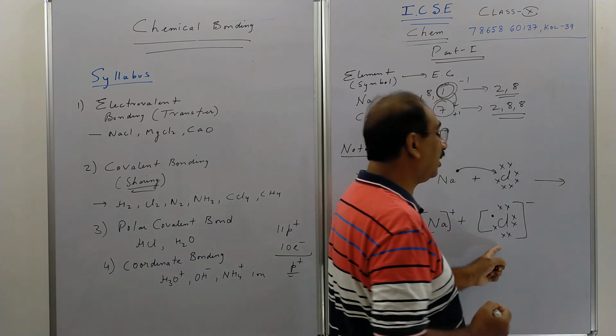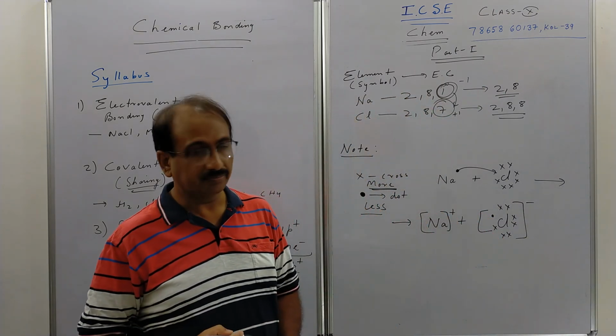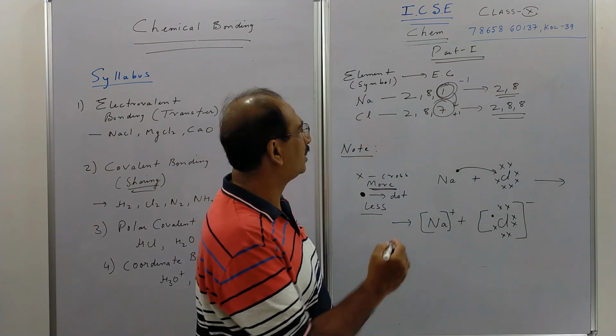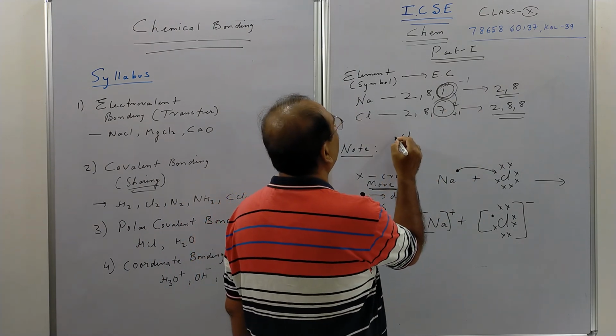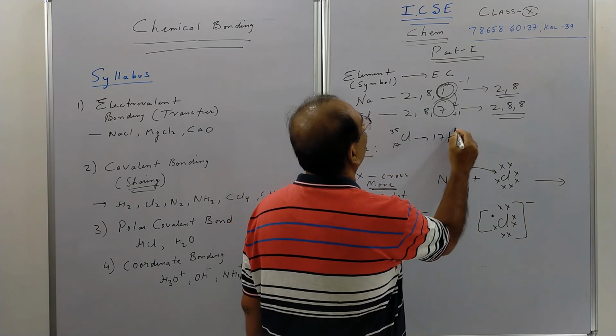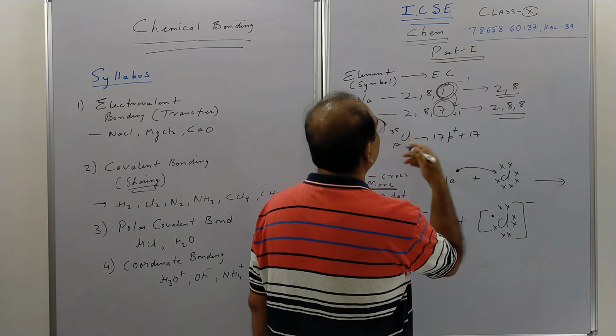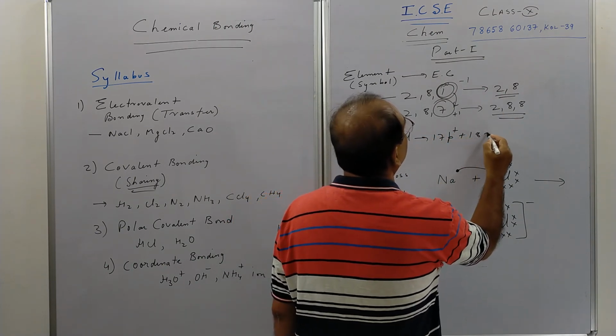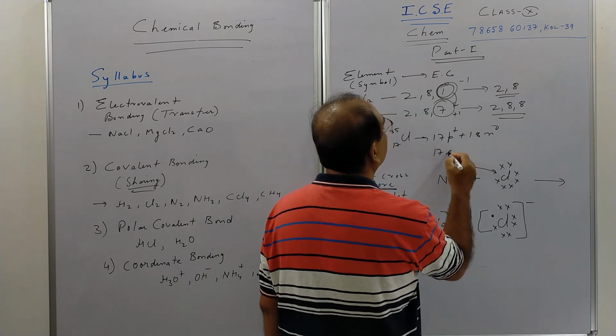And by gain of one electron, chlorine becomes negative. Why? It had 2, 8, 7. Chlorine has 35, with 17 protons and 18 neutrons, that is another thing, but it had 17 electrons also.